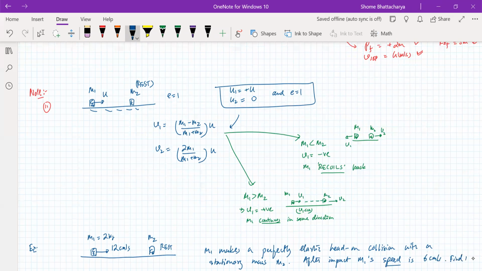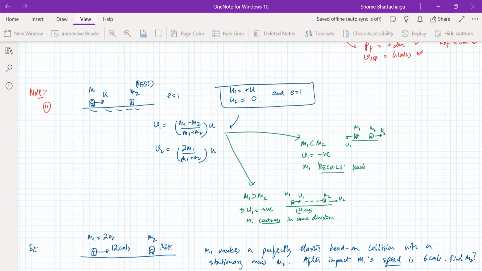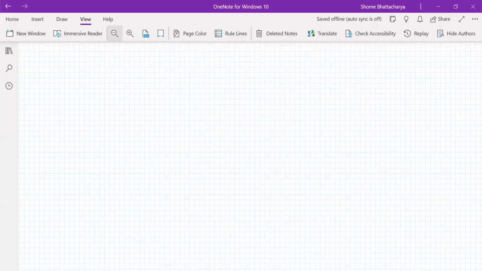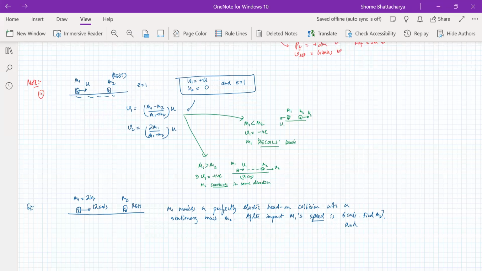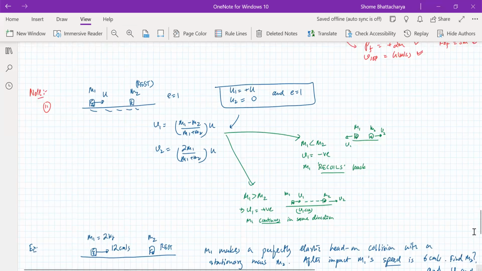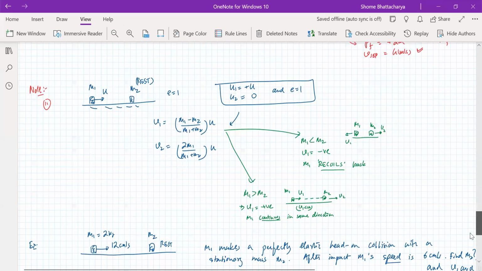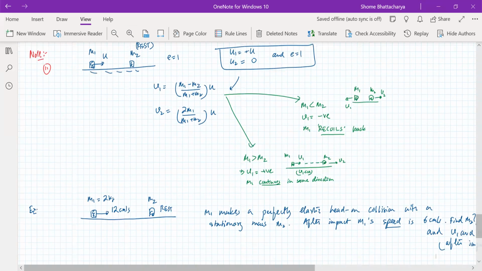So find the value of M2 and its final velocity. Okay, so note down this special case and then try out this question. We'll discuss.